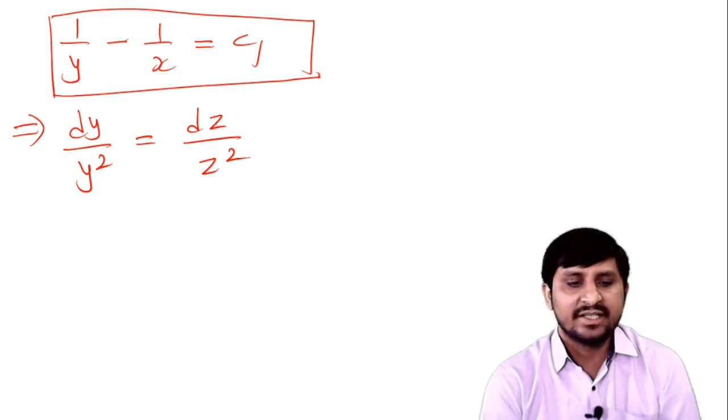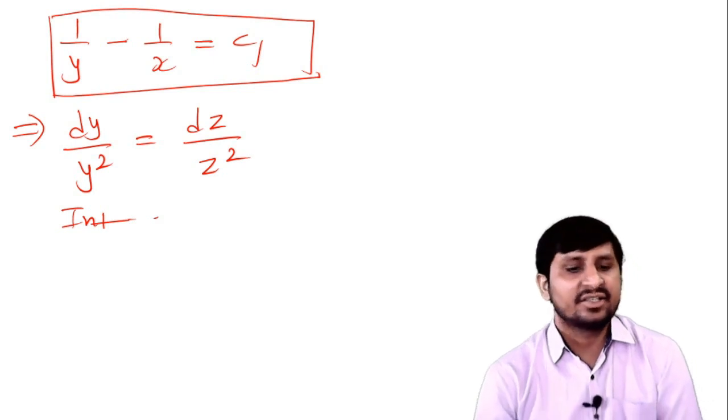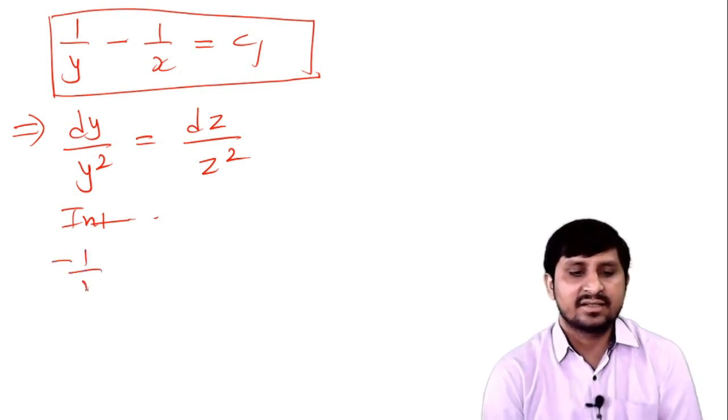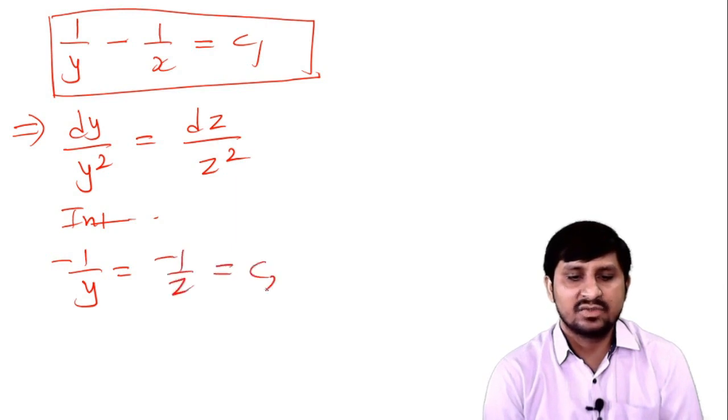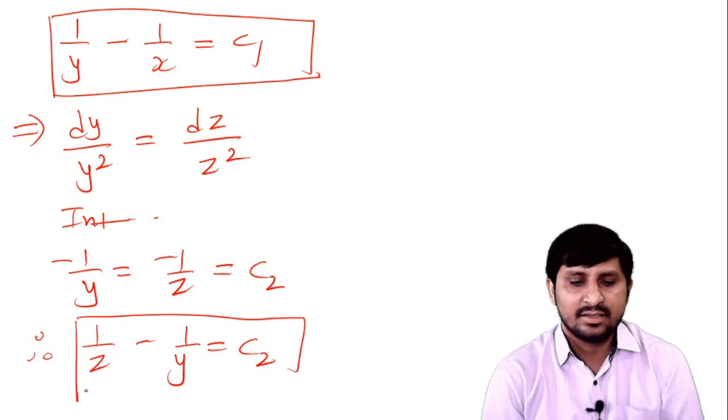Just mention you are integrating on both the sides. So just write down the full sentence, integration on both the sides. So minus 1 upon y is equal to minus 1 upon z plus c2. And that's why 1 upon z minus 1 upon y is equal to c2. So this is the second independent solution.